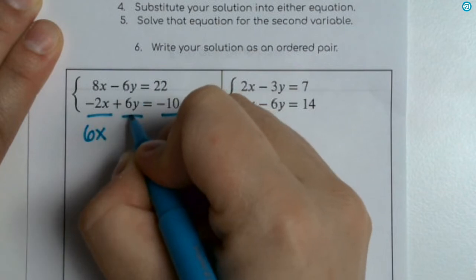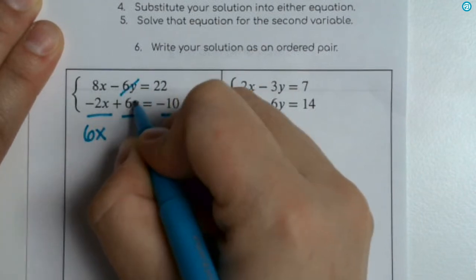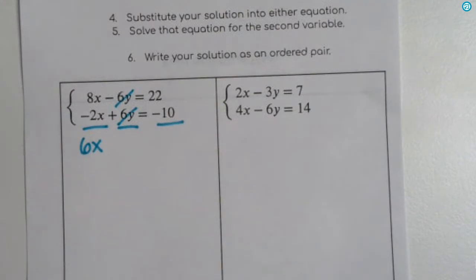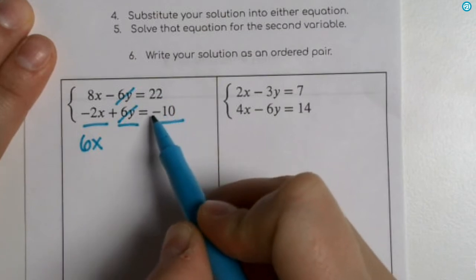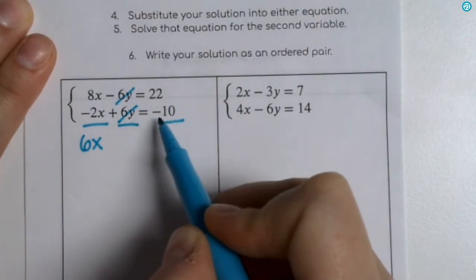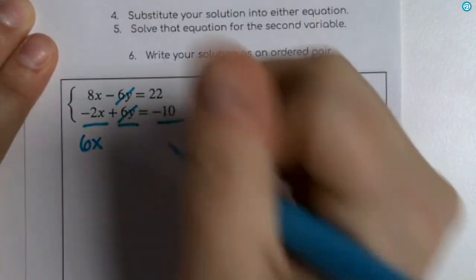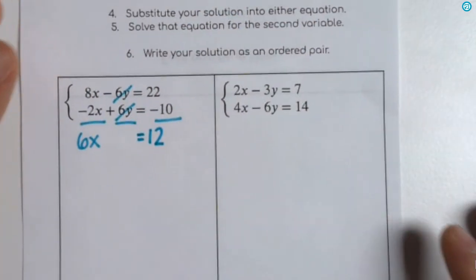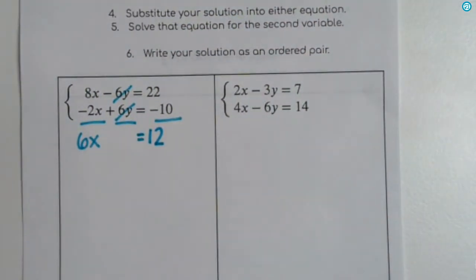Negative 6y plus 6y cancels out. So that right there is the elimination that we're talking about when we say solve by elimination. And then 22 plus negative 10, same thing as 22 minus 10, that is 12. So now we just have 6x equals 12. Because those variables we're able to just eliminate.